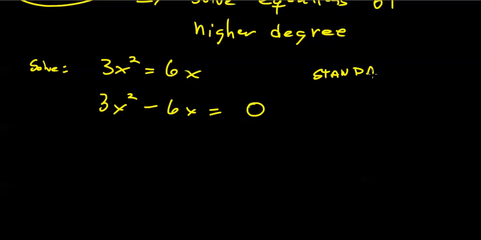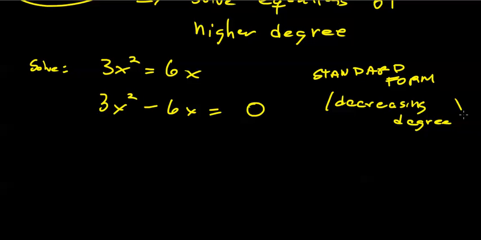Usually it's a good first step to convert your equation into standard form. Terms are arranged on the left, typically, in decreasing degree. So here we end up on the left with a degree 2 term minus a degree 1 term equals a constant or a degree 0 term.